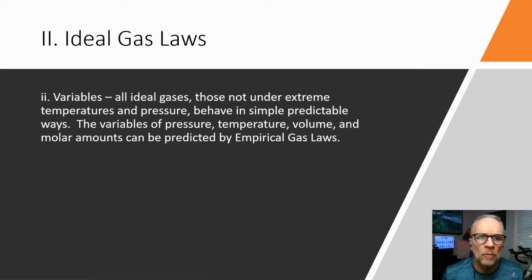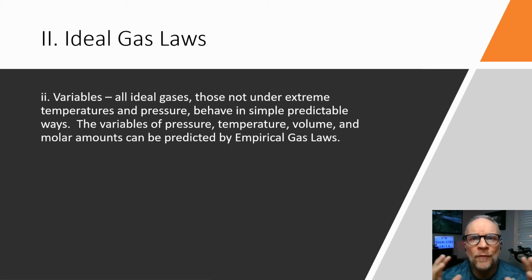The first thing that we're going to talk about is the variables in general, in light of these ideal gas law properties. Ideal gases are ones that are not under extreme temperature and pressure, and so they don't have intermolecular forces acting upon the particles. They don't stick together. They don't condense.